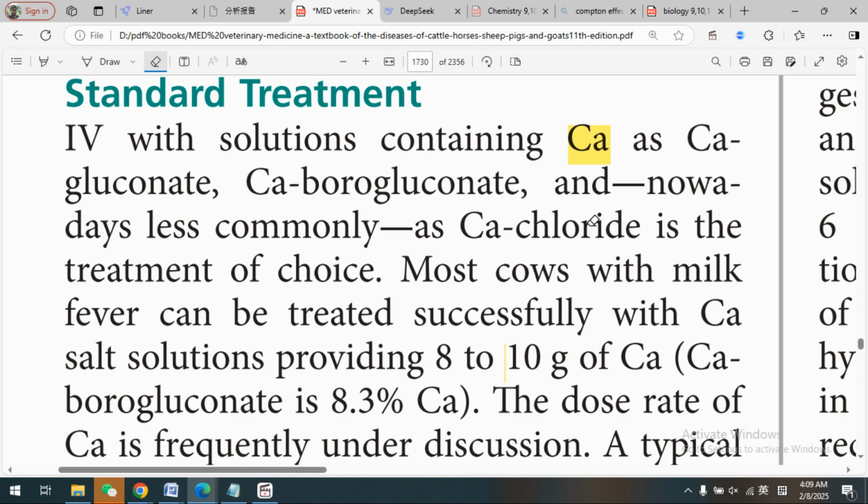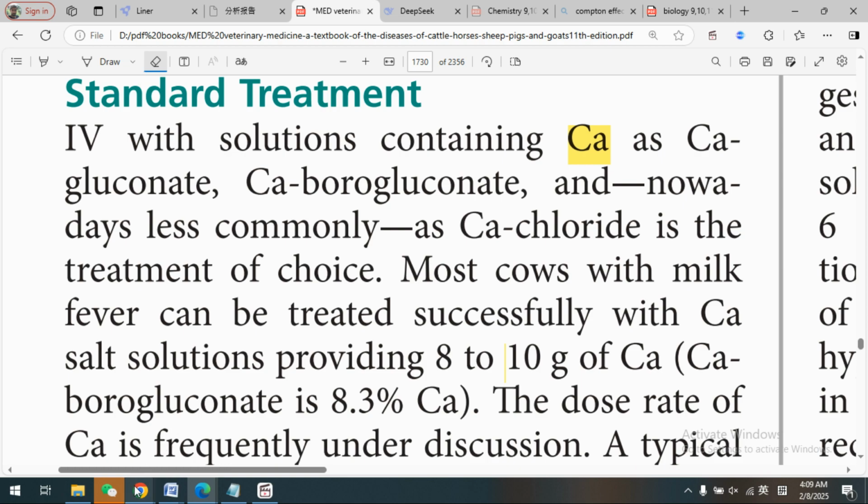We will solve first with calcium borogluconate, finding in percentage how much calcium is available in it. What is calcium borogluconate? It is a mixture of calcium with gluconate, and gluconate has boron, carbon, hydrogen.